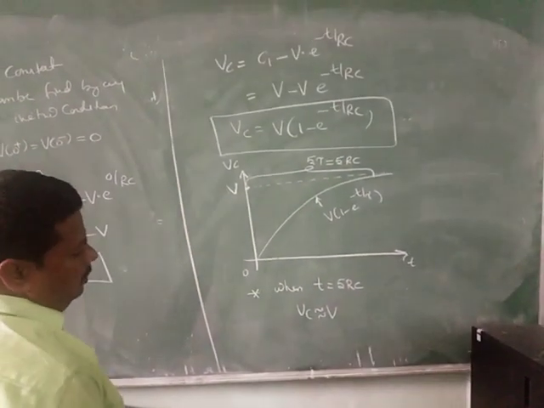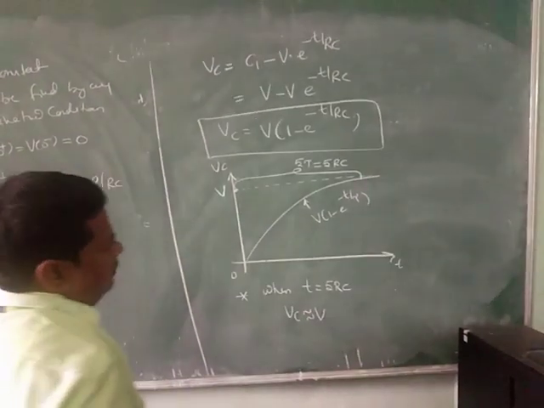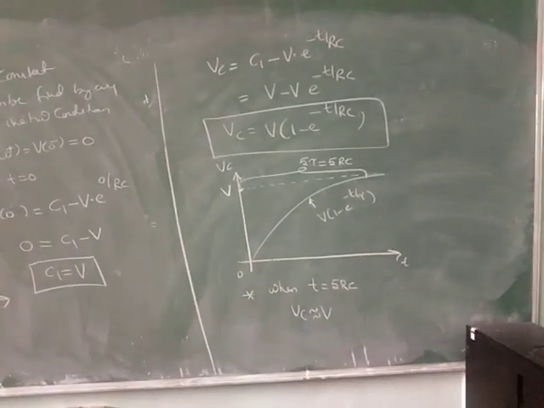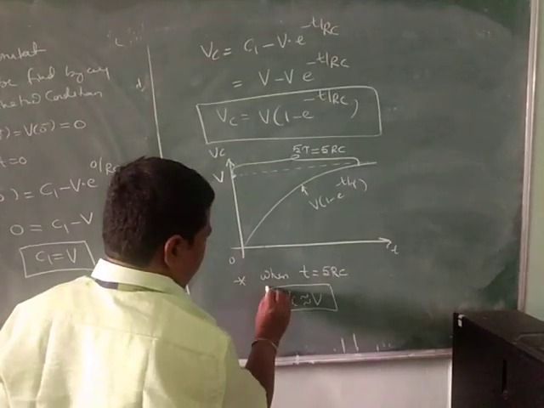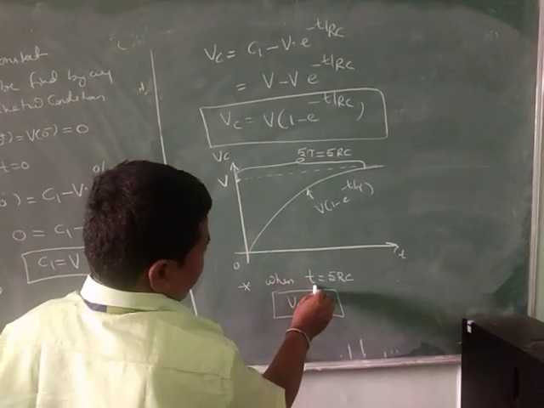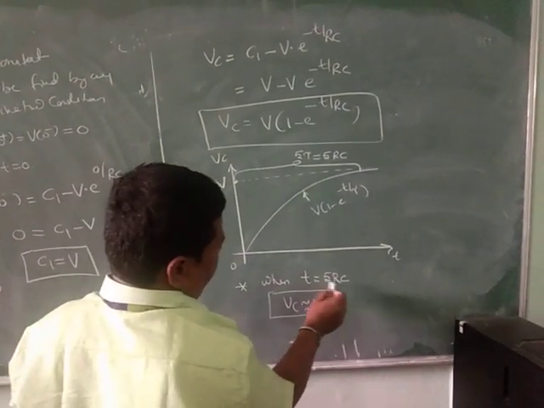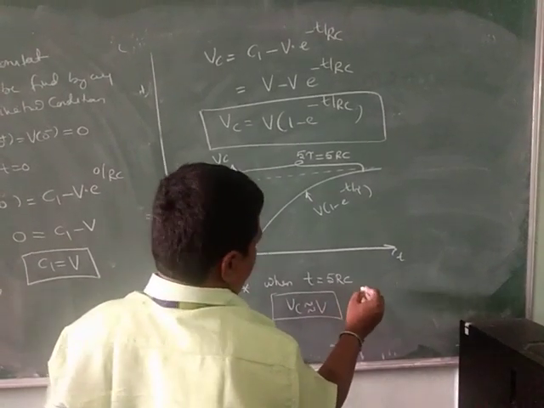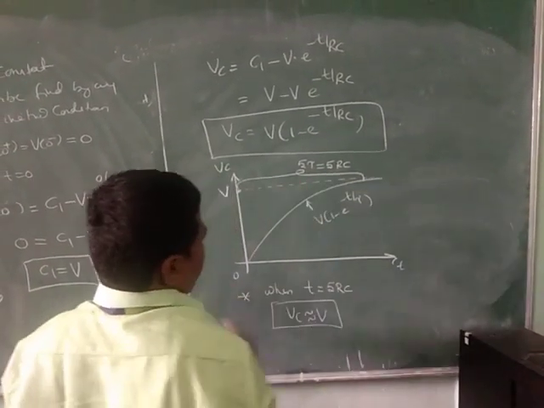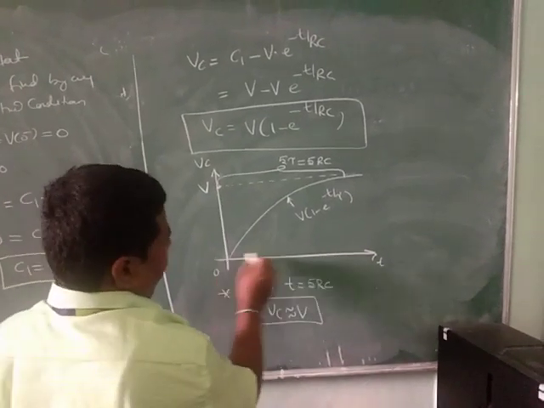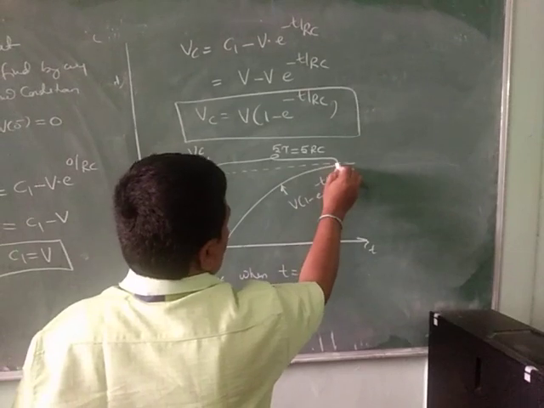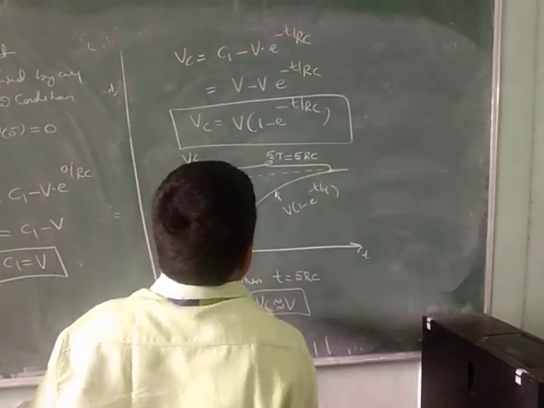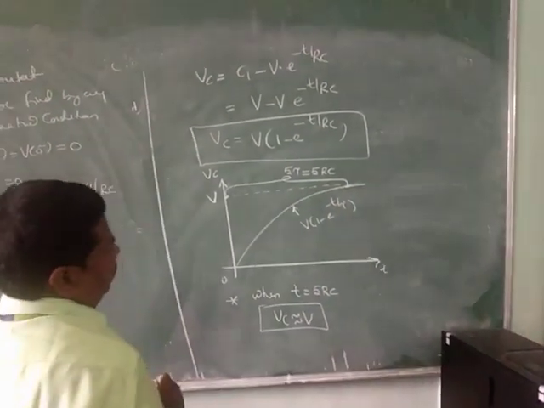Remember this: how much time it will require to charge a capacitor to its maximum value. When time reaches 5 tau, then voltage across capacitor reaches the maximum input voltage, that is V volts.